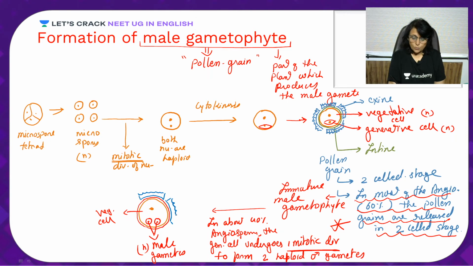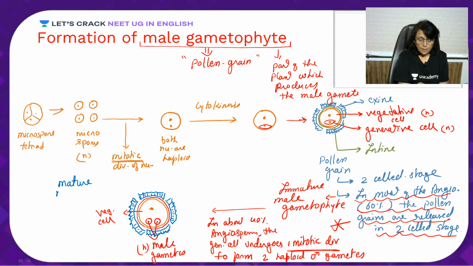So this would be a three-celled pollen grain, or we can call it a mature pollen grain or a mature male gametophyte. So this one is mature male gametophyte.